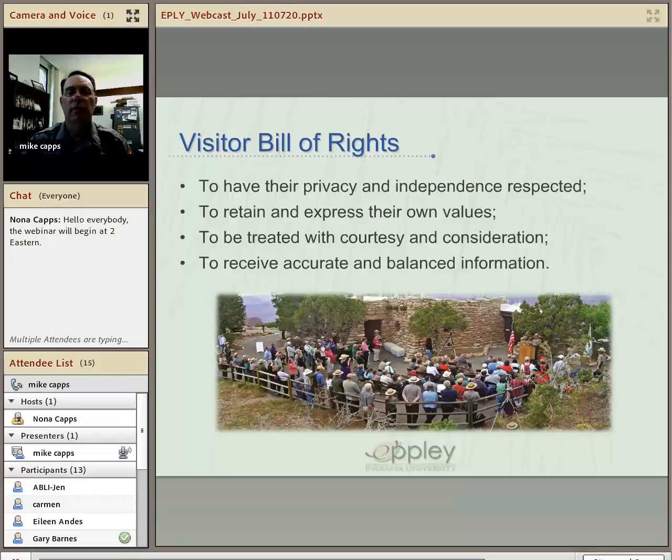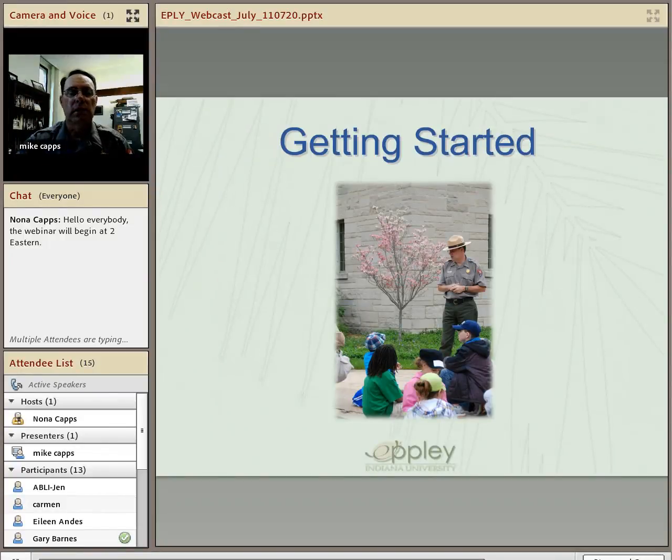So we have an obligation to make sure that the information we're sharing with them is as accurate as we can know it to be, and that it's balanced information, that it's not skewed in one way or another. So these are all things to keep in mind as far as the Visitor's Bill of Rights.